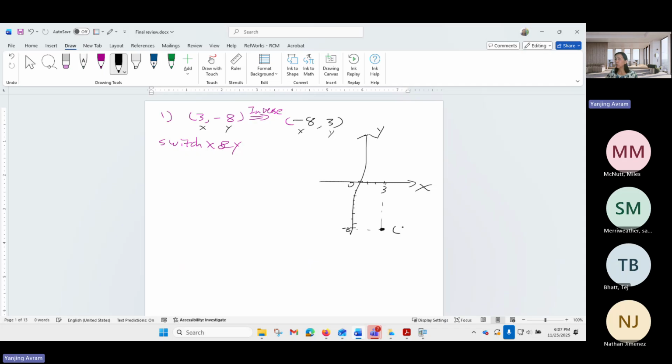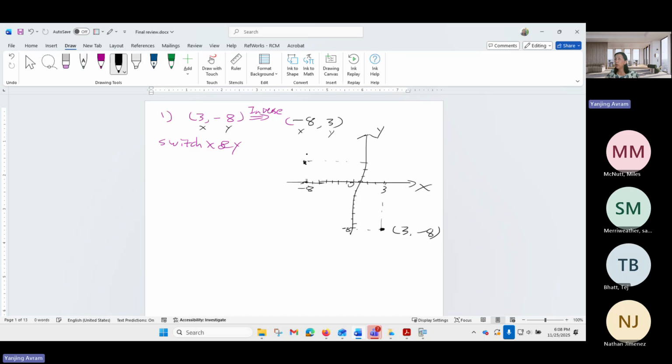If I find the inverse, my X will be negative 8, and Y will be 3, so somewhere right here.